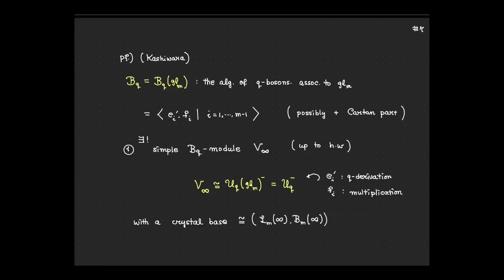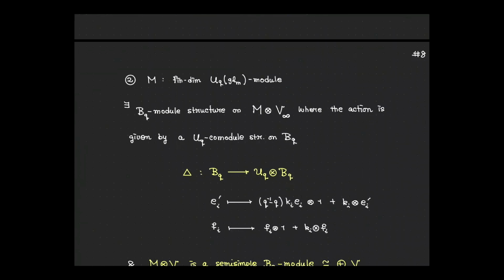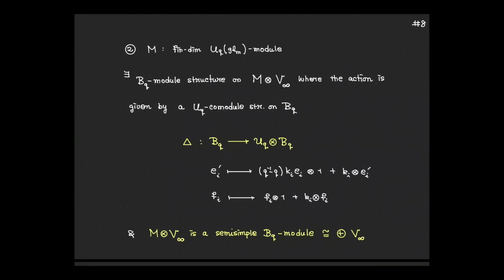Then why do we need this fact? Maybe I will review one more fact. Actually, we need it. So now we consider the finite dimensional representation of Uq and tensor product by the irreducible Bq module.